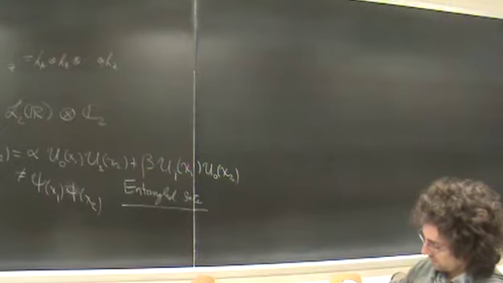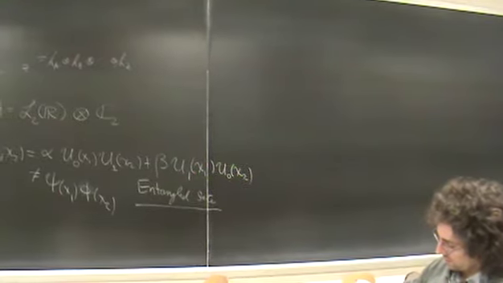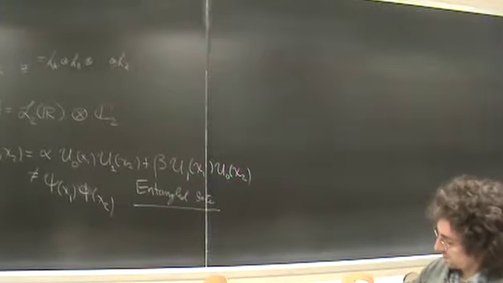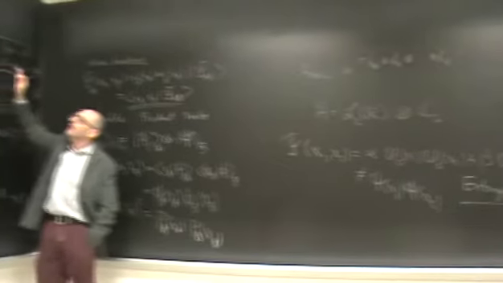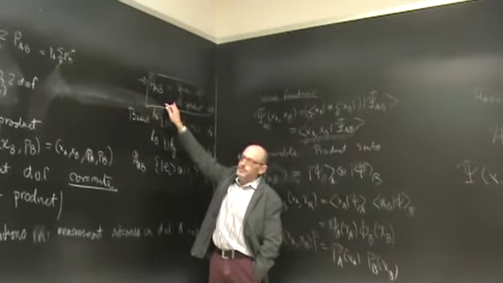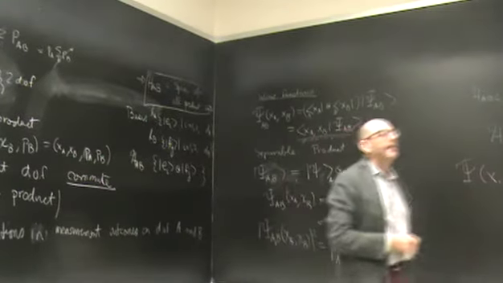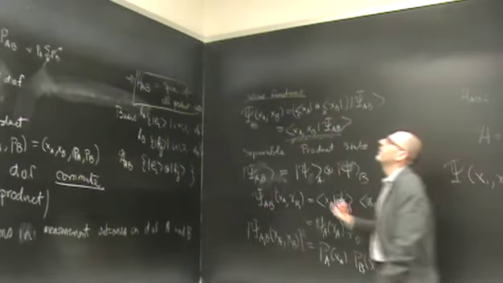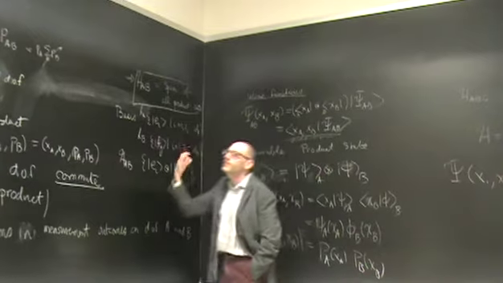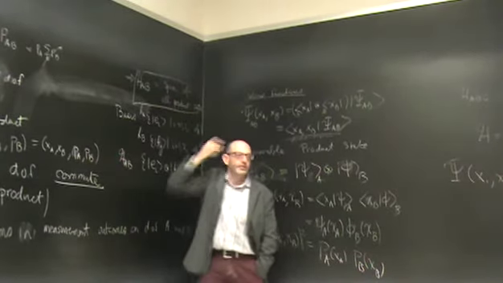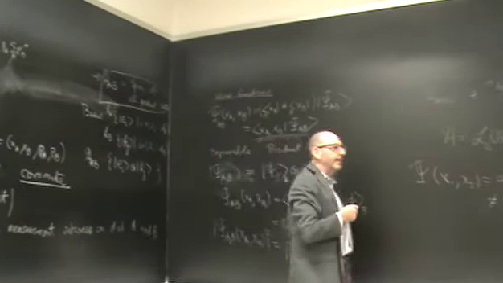So, continuing on. Formally speaking, as I said, the tensor product space is the span of all product states, and that is the space that describes the composite Hilbert space for multiple degrees of freedom.